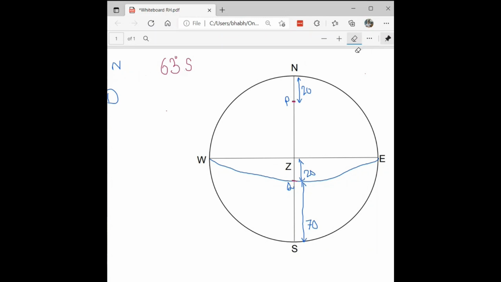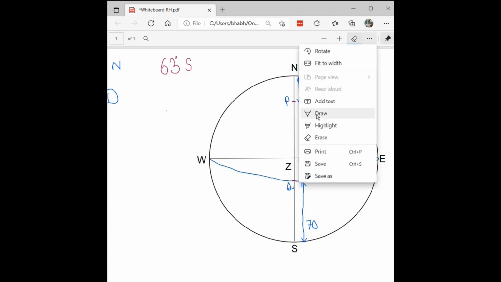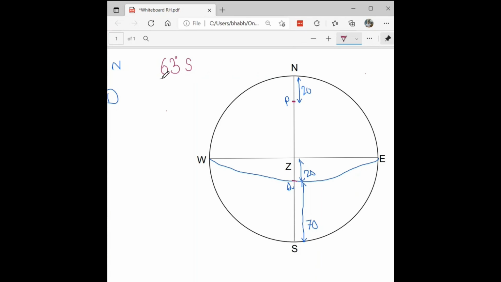Now we are trying to show Acrux in our diagram. If Acrux is 63 degrees south declination, that means from point Q, we have to go 63 degrees south. If you go 63 degrees south, the star would be somewhere here. Now can you see, beta, what will be the altitude of this star?